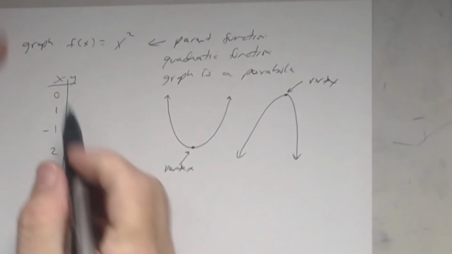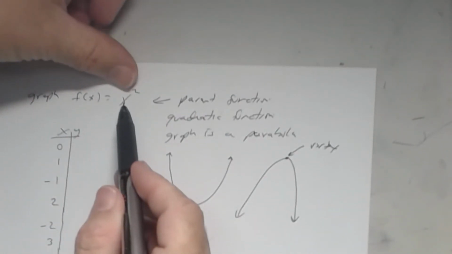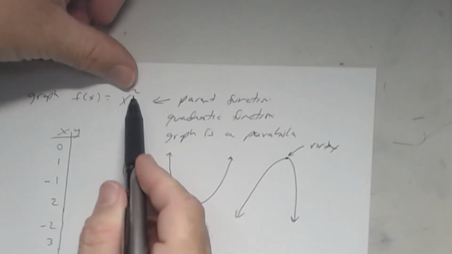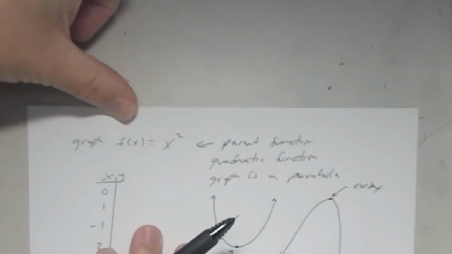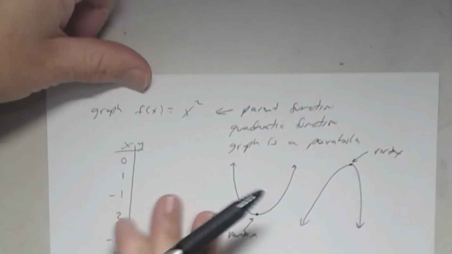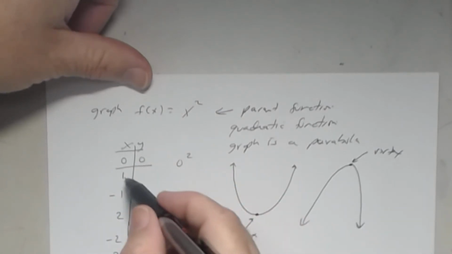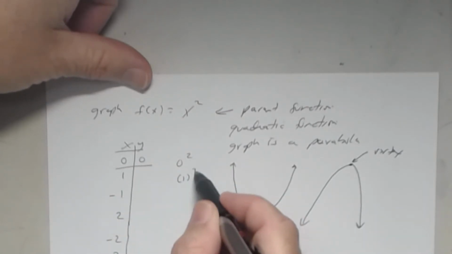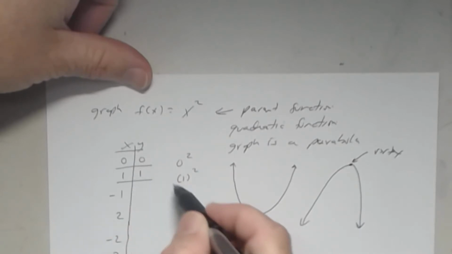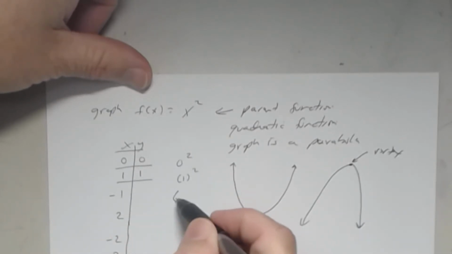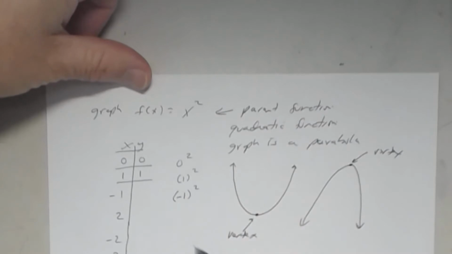All right, so if x is 0, this becomes 0 squared, right? Which is 0. If x is 1, this becomes 1 squared, which is 1. If x is -1, now be careful, you're squaring that -1, so don't say the answer is -1.